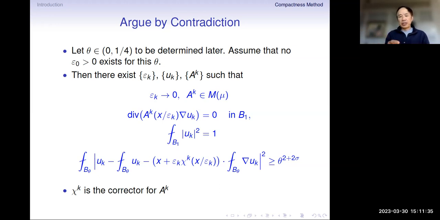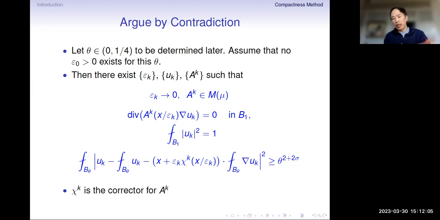First, you have a sequence epsilon k going to 0. Then you have a sequence of solutions, u sub k. And then you have a sequence of matrices, A super k, belonging to that class of matrices. They satisfy the equation in B1, you normalize the L2 norm on B1 to be at most 1, and the average on B theta, you get a reversed inequality.